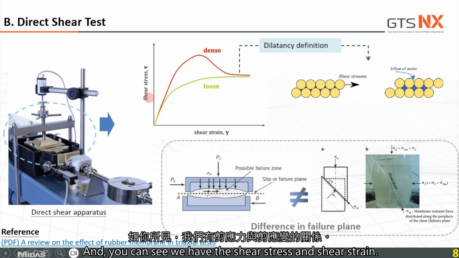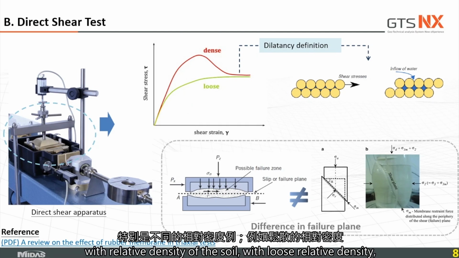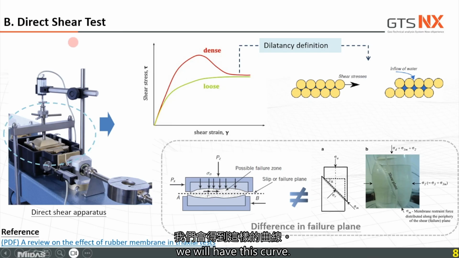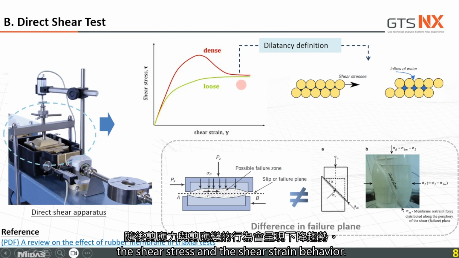You can see we have the shear stress and shear strength, but with different soils, with different relative densities, with loose relative density we will have this curve, and with the denser one, we will see a peak and then a decrease in the shear stress and shear strength behavior.